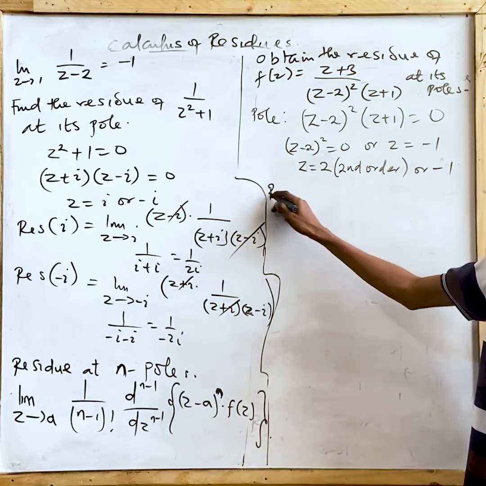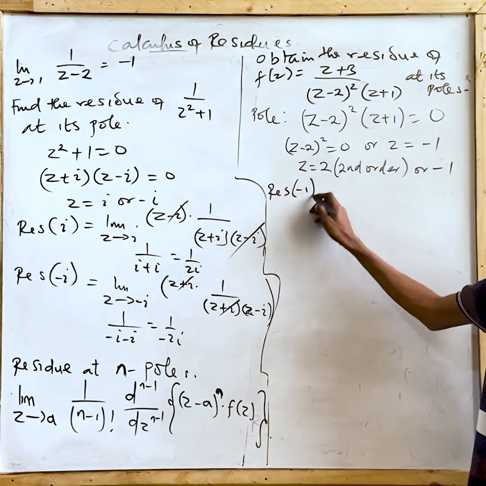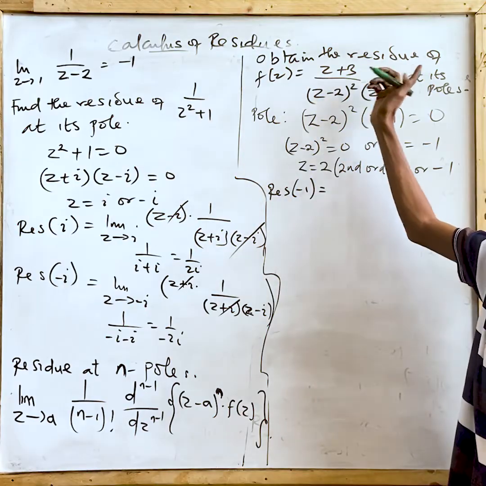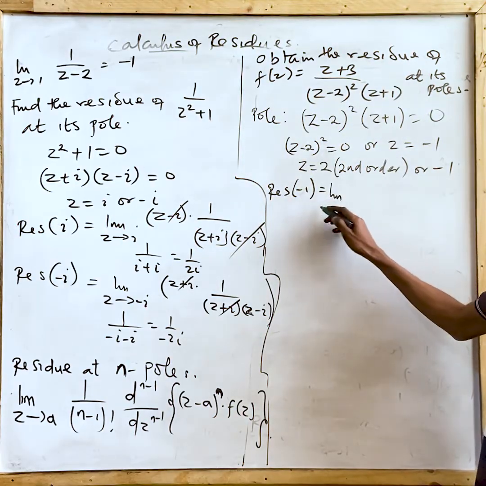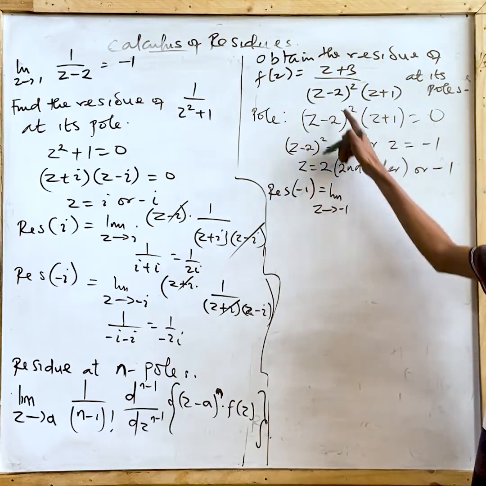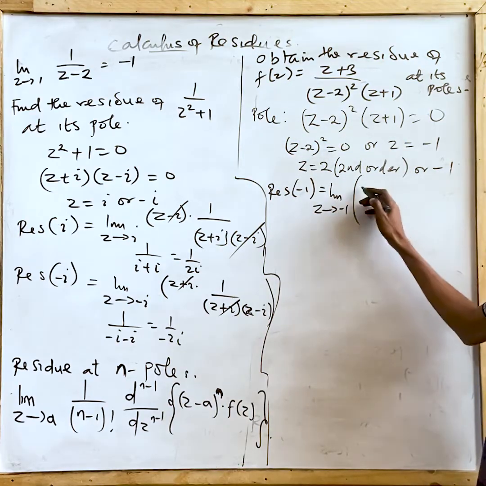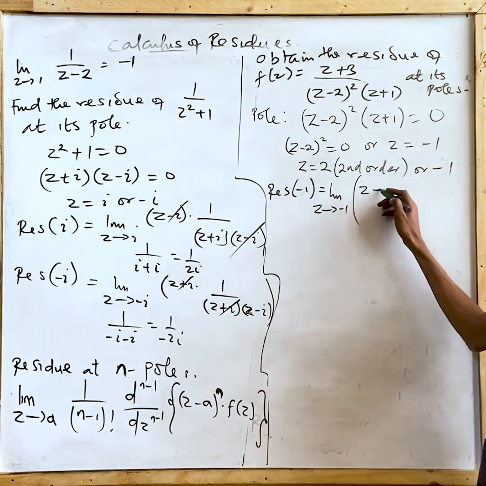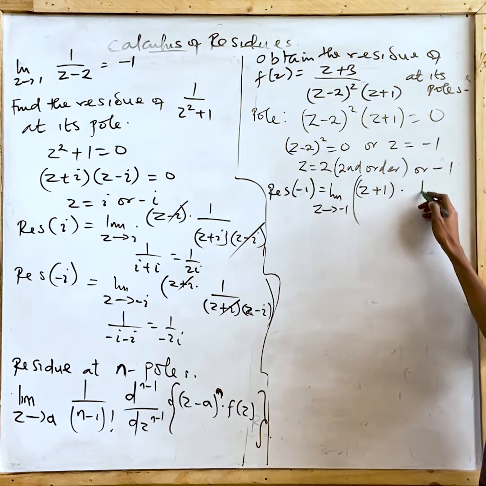So if I first take the residue at minus 1, that's the residue of a simple pole. That will be the limit as z approaches minus 1 of z plus 1 multiplying f of z.